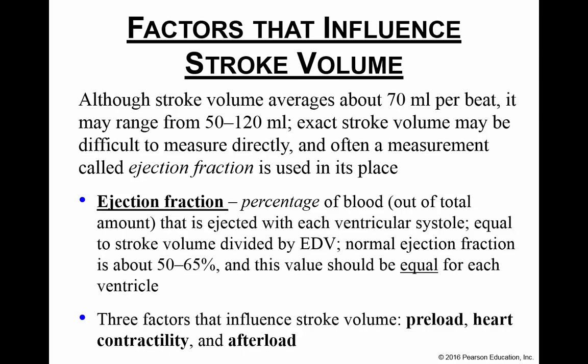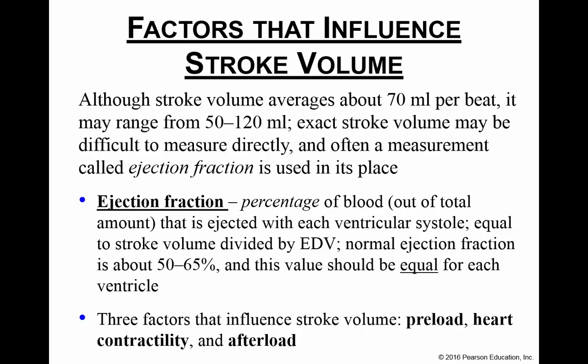Now, with your stroke volume being around 70 milliliters per beat, there can be a different range, and sometimes it's hard to measure it directly because it can be anywhere from 50 to 120 milliliters. So they use something called ejection fraction to measure it.